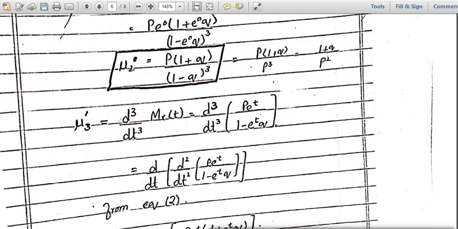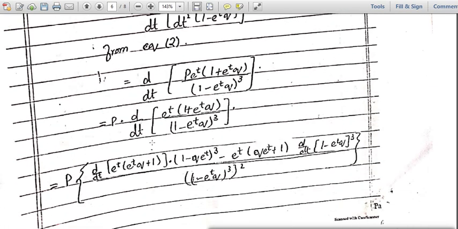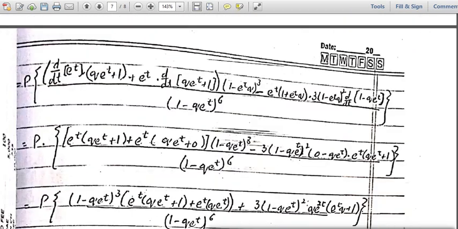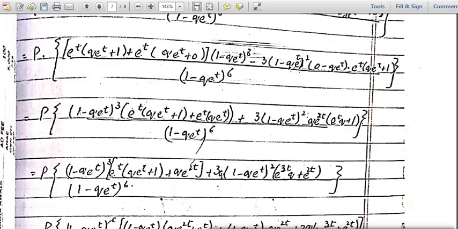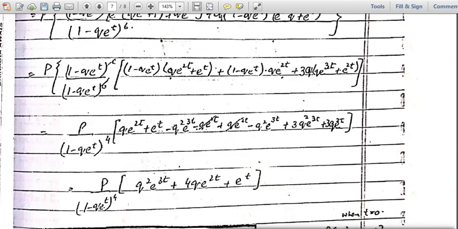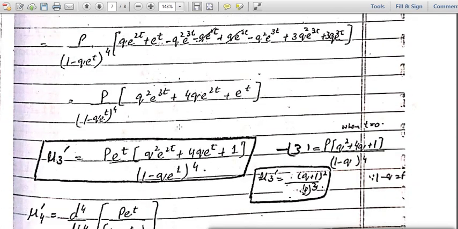Now you can find the third moment about the origin. We take the third derivative of the moment generating function, then put t equal to 0. This is a very large calculation, so you can take small values of this function.